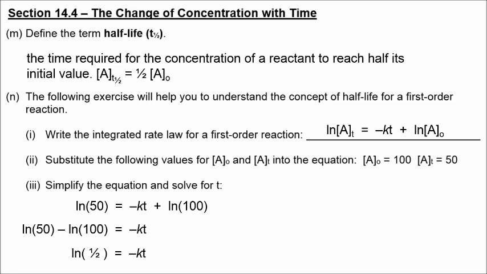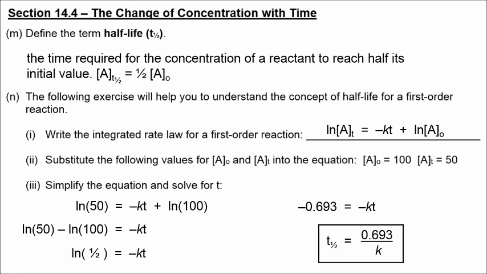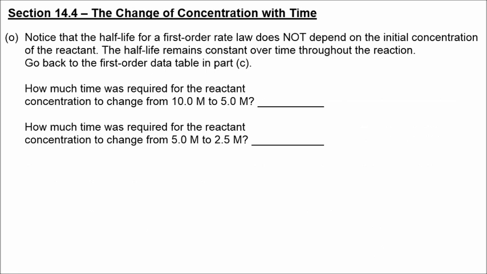So we end up with the natural log of 1/2 equals negative kt, and in this case, the half-life would equal 0.693 divided by k. That particular equation is very useful for a first-order rate law. Notice that the half-life for a first-order rate law does not depend on the initial concentration.